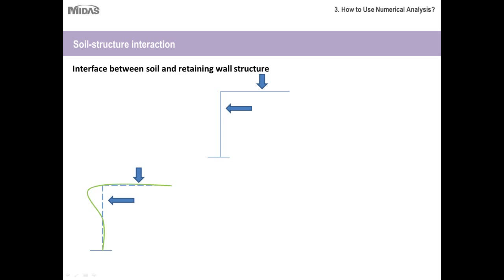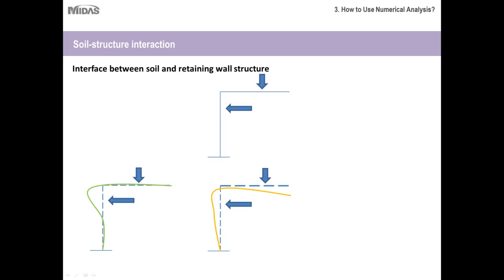So this is how it will look if you don't consider the soil structure interaction or interface members. This is one possibility. Now let's say if the surcharge is very high, then the other possibility would be something like this. Again, the nodes are the wall members and the soil members are connected to the same nodes, so therefore you are seeing that they are being mobilized together.